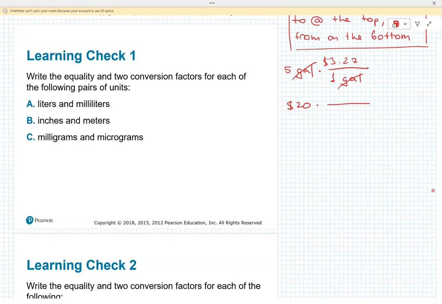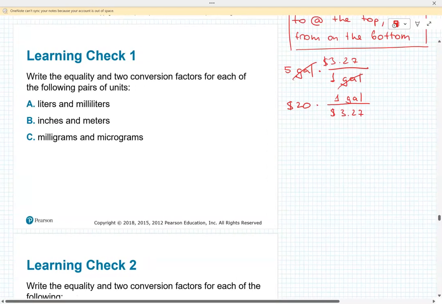So from on the bottom, to at the top. Whatever. I never finish these calculations because I know that you can press the keys on the calculator, so it's fine. Make sense? This is the example of conversion factors.